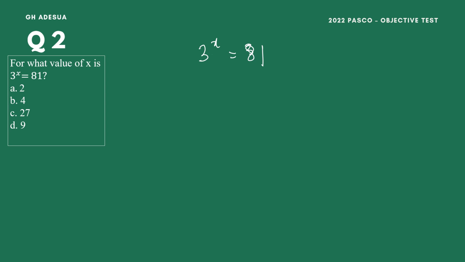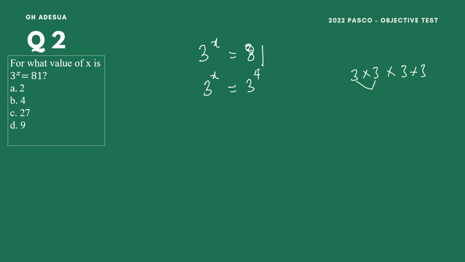Right, so we ask ourselves, we know that 3 raised to the power x, we are going to have 81. The number of times 3 can multiply itself to give us 81. Realize that that is going to be 4 times. That is 3 raised to the power 4. That is to say that 3 times 3 times 3 times 3.